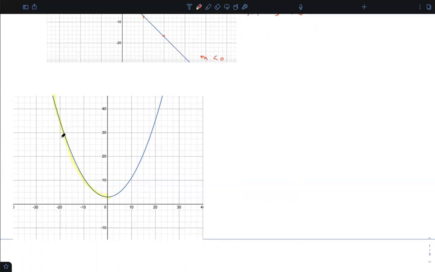We can see that when x is -20, y is 33. When x is -10, y reduces to almost 10. So it's a decreasing function in the interval when x is less than 0. In this interval, when x is less than 0, this function is a decreasing function.